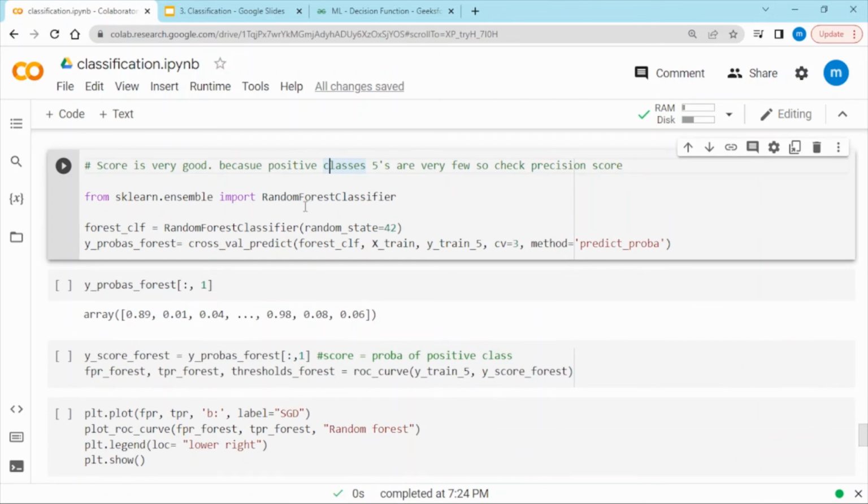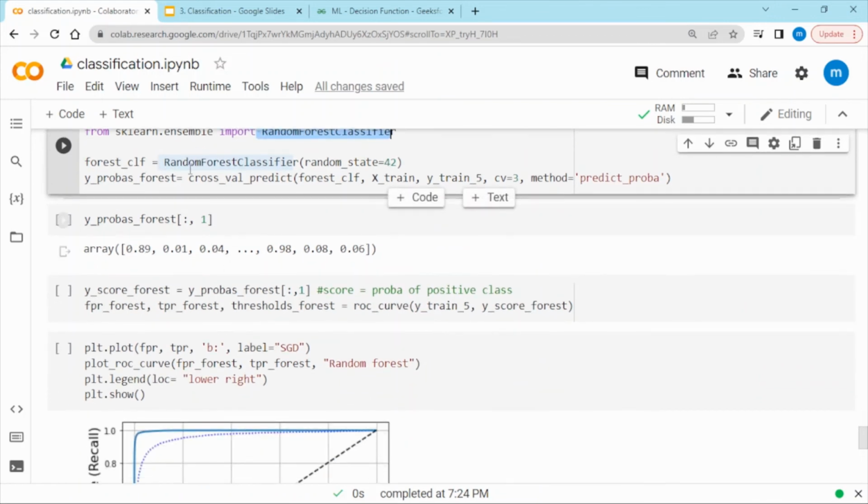Okay, now let's use another library, random forest, for this type of problem. I use the random forest classifier with random state as 42 and I'm passing forest classification, X_train, y_train_5, cross validation as 3.